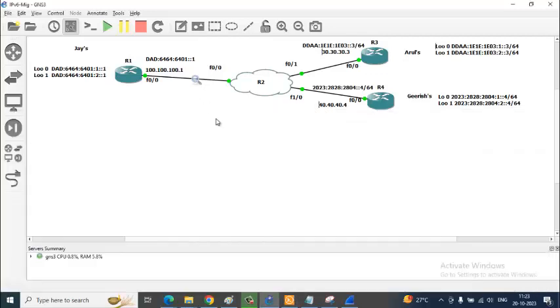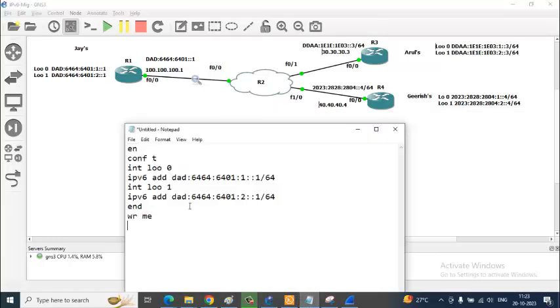Secondly, DDAA:1E03:1:3. And here this will be 2.